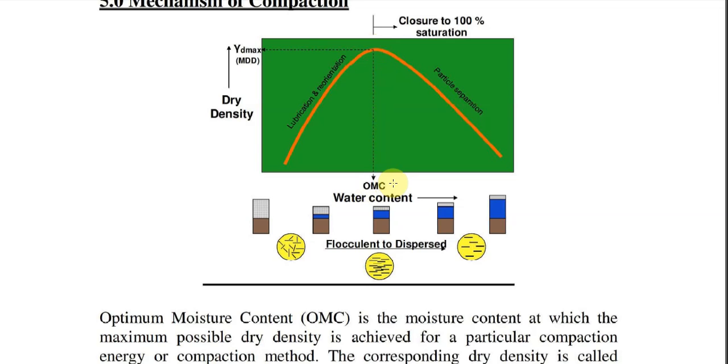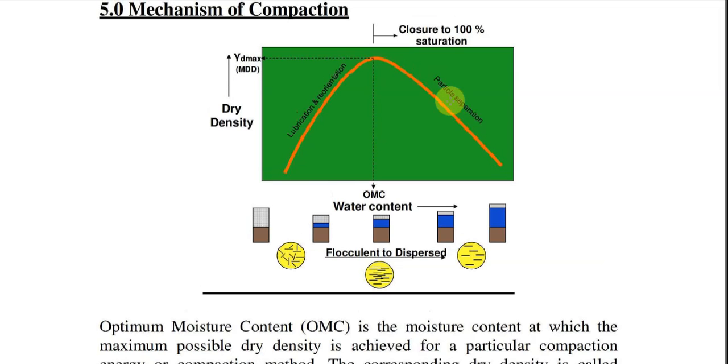If you go on increasing the water content beyond the optimum moisture content, the density of soil is going to decrease, because before the optimum moisture content, whatever water is added, it is used for lubrication and reorientation of particles. But the water added after the optimum moisture point leads to separation of the particles, which leads to increase in the volume and which results in decrease of density. So this is the mechanism of compaction.